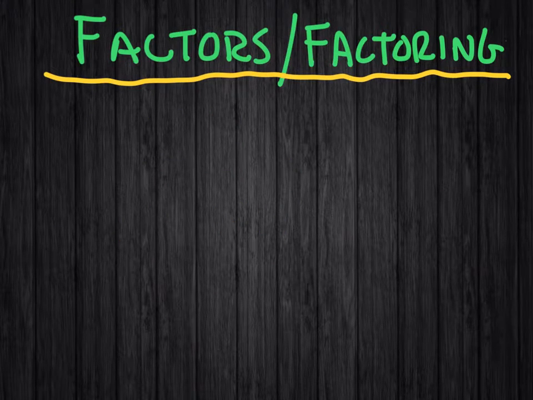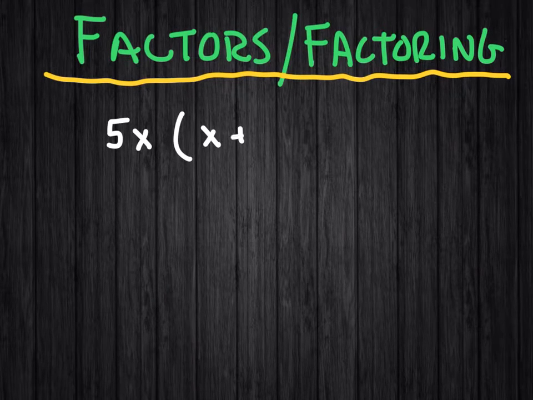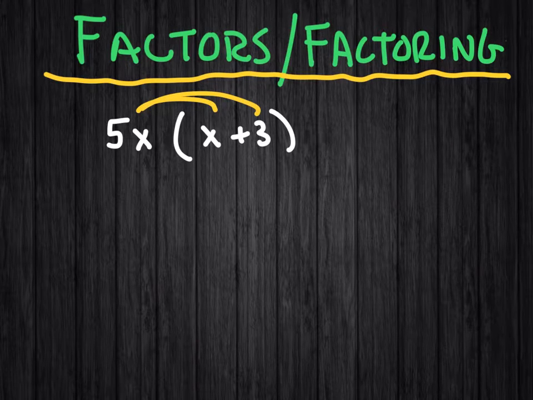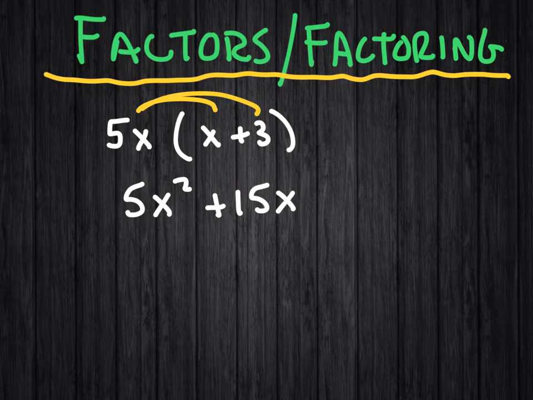You see, we learn a lot by thinking about multiplication. Let's say we had 5x times x plus 3. You know what to do here. We distribute. And so we would get 5x squared plus 15x. So this is called multiplying. Well, the opposite of multiplying is called factoring.